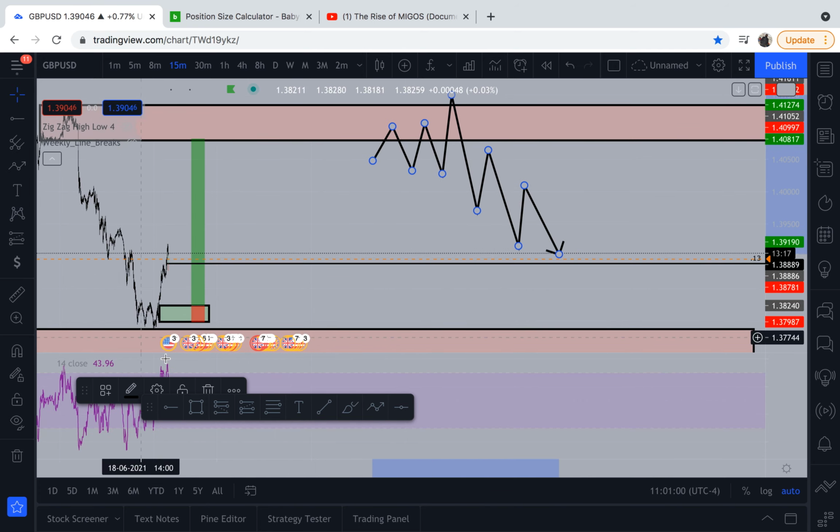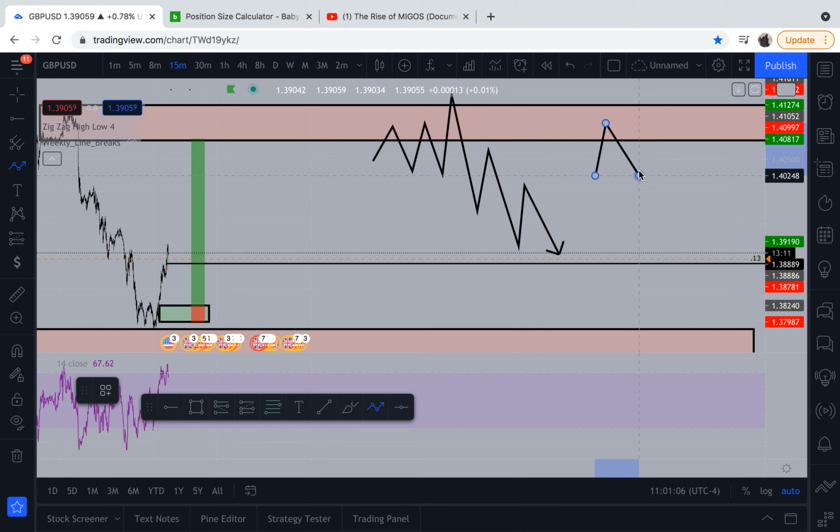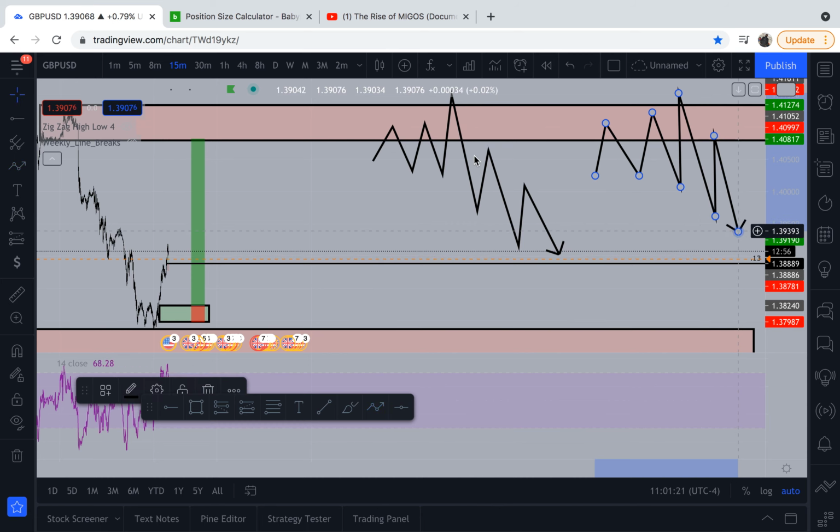Or it could come in, tap in, make a trend line liquidity up here, break structure, clear that, break structure, come back and test and mitigate those orders to close out, and then trend in that direction.